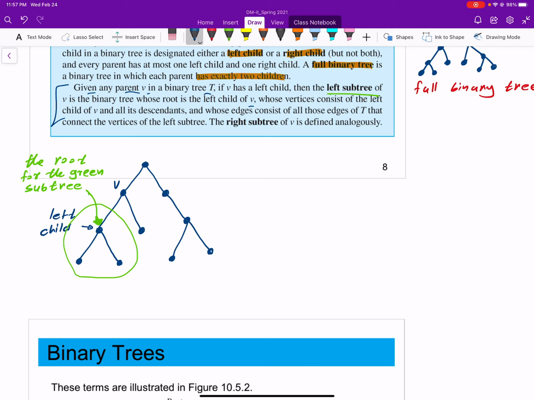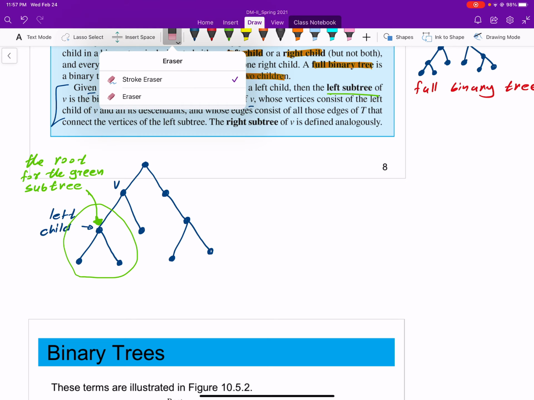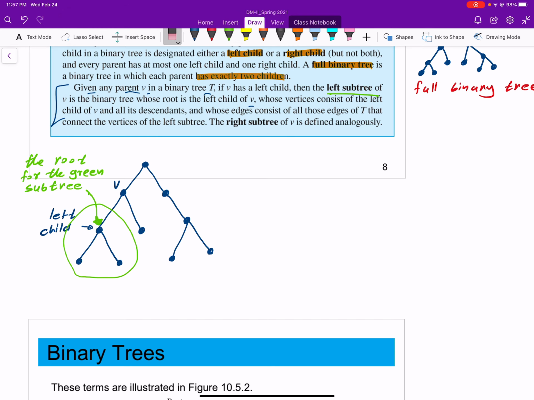Okay, that's how you define the left subtree of v. And the right subtree of v is just a single node. Let me expand that a little bit. Let me modify this tree a little bit. Let me delete that too.